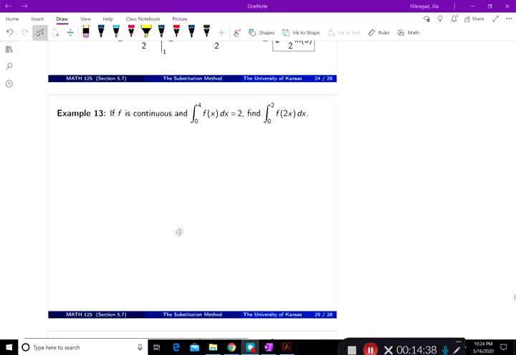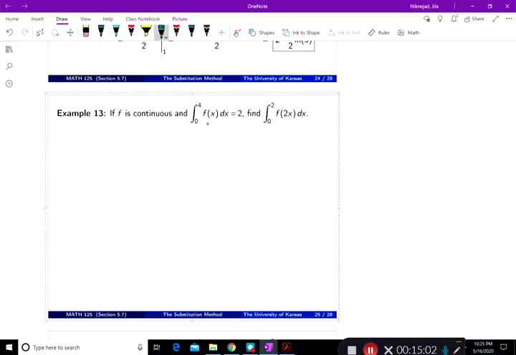Okay. Now we're getting to the questions that basically ask, if the rule of the function is not known, how do I use u substitution to compare two integrals?